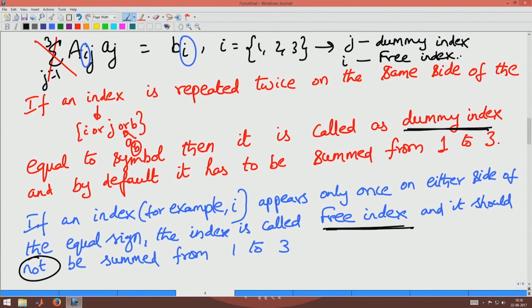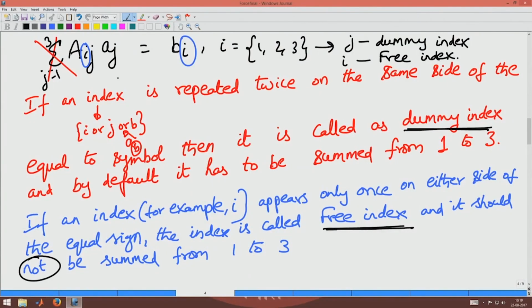Okay. Now, why do dummy and free indices have to be distinguished? A dummy index can be given any alphabet, it can change into any other symbol. Just like a variable can be denoted by x, y or z or t or a, this dummy index can be changed consistently throughout into any other symbol. j can become b, j can become k, but j cannot become i because i appears on either side of the equal to sign.